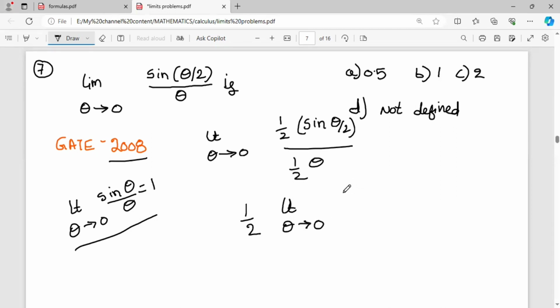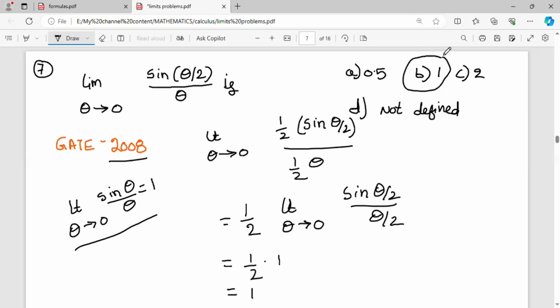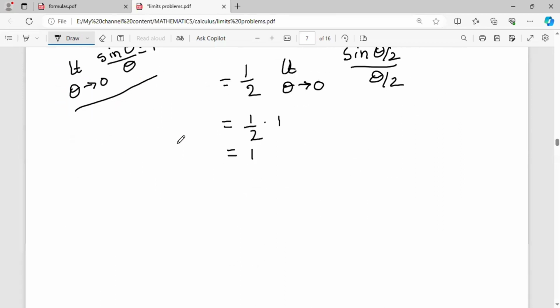Limit theta tends to 0, sin(theta/2)/(theta/2). So it is in this expression, and then it becomes 1/2 into 1. So the answer is 1/2. Here option B is the correct one. This simple question was asked in 2008.